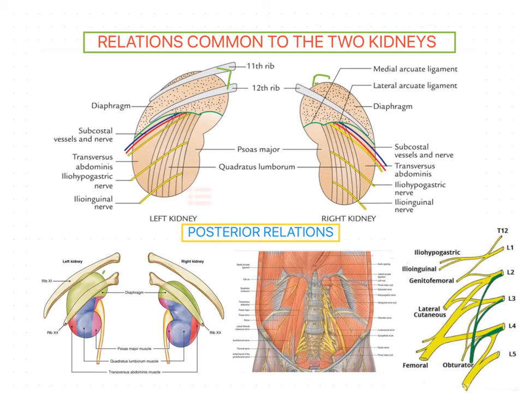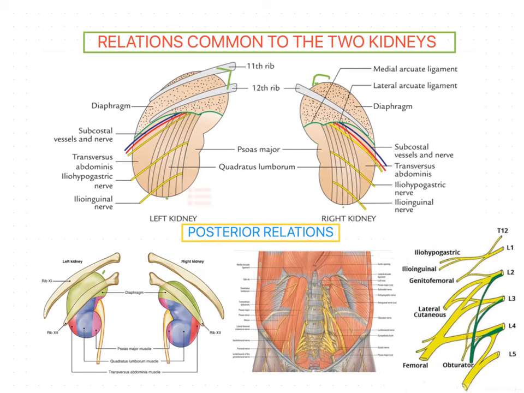Another thing is the iliac crest. Already we have seen in the posterior aspect that the iliac crest is related to the lower poles, at a distance of about 2.5 centimeters above the iliac crest.